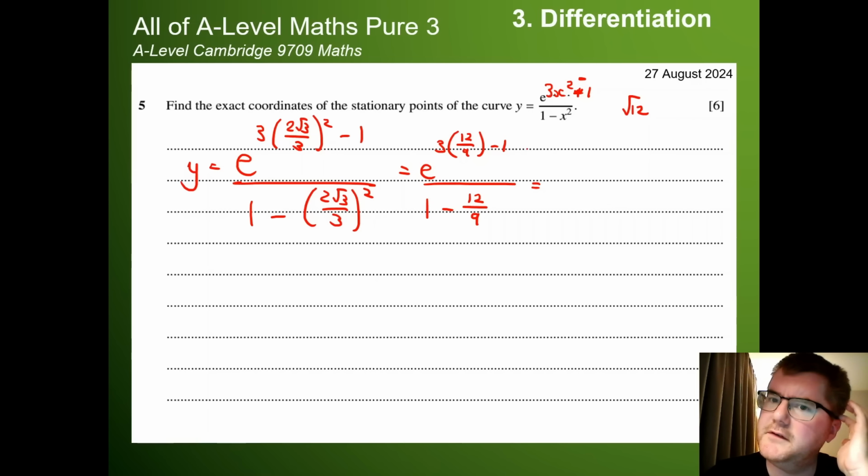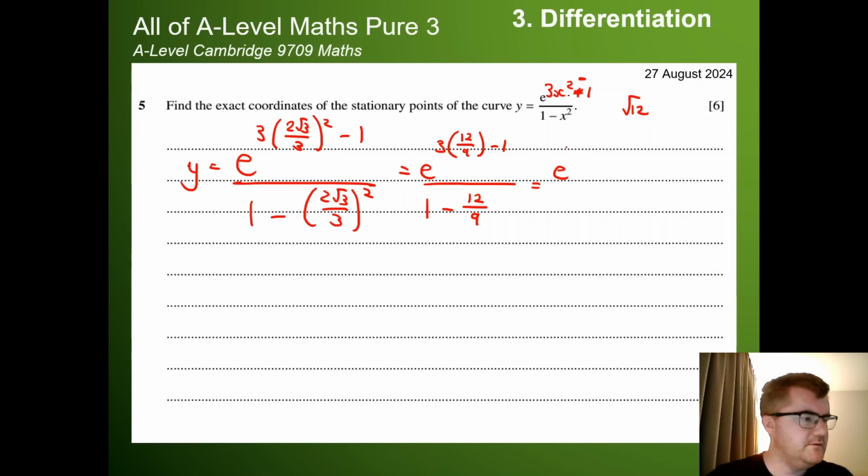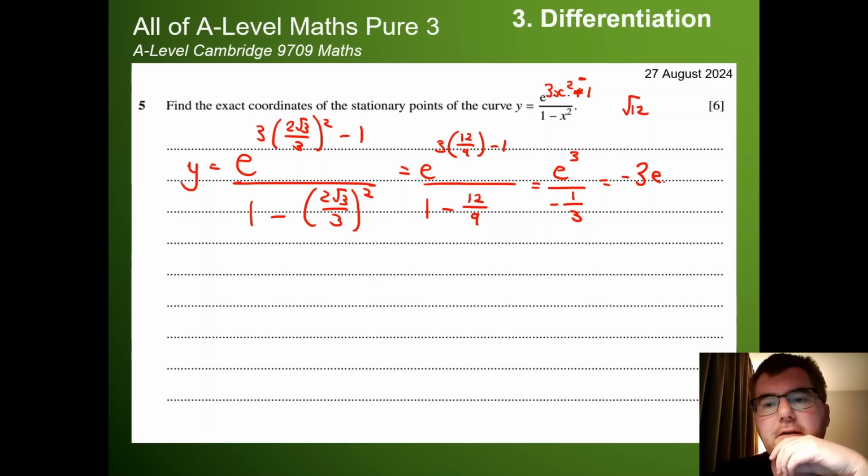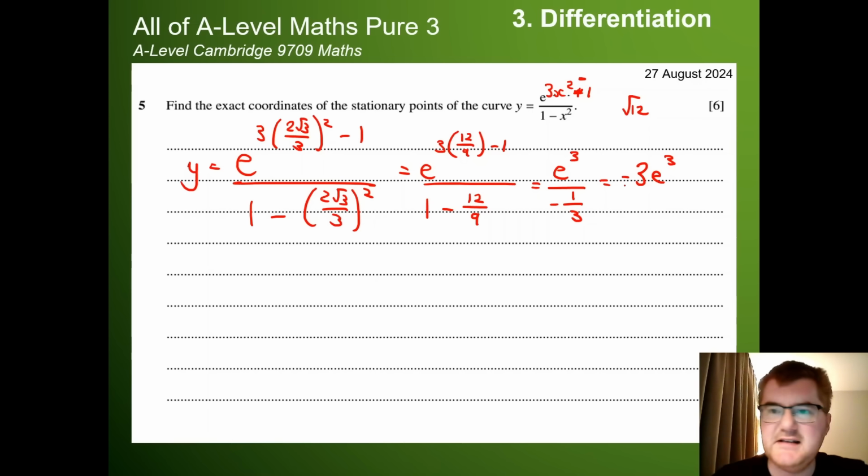So that gives us e cubed over 1 over 12 minus over 9. So minus the third, and then that's going to simplify to minus 3 e to the power of 3, and that's going to be the same for both.